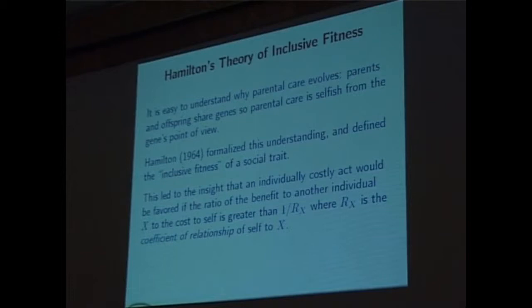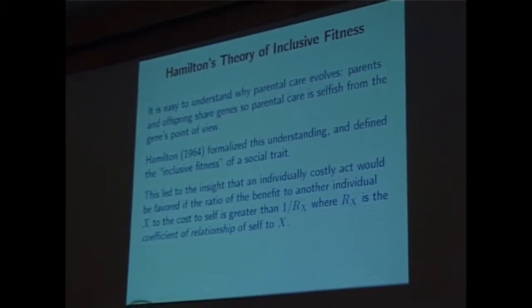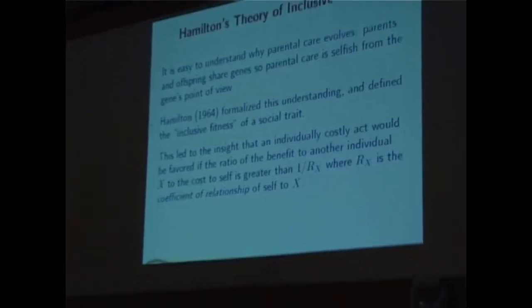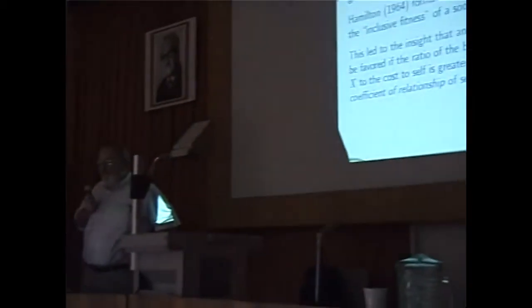But William Hamilton formalized this and talked about what's called the inclusive fitness of the social trait, that an individual's costly act would be favored if the ratio of the benefit to another individual x to the cost to self is greater than 1/r sub x, where r sub x is the coefficient of relationship of self to x. Well, this is just turning common sense into algebra.